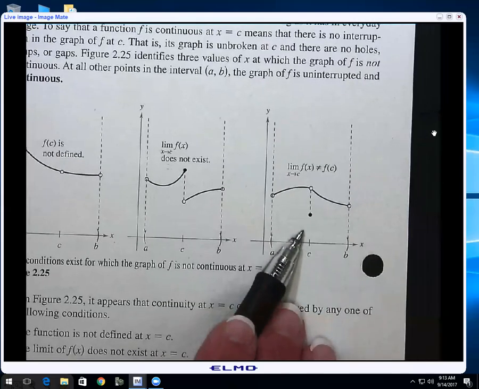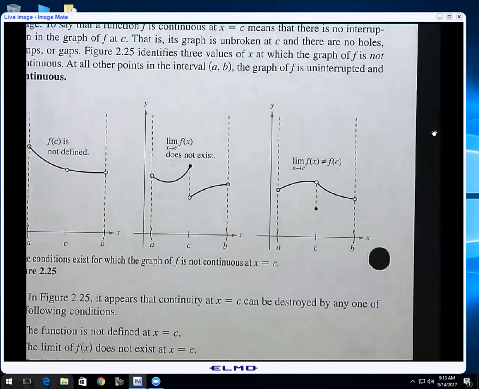And then the third illustration is discontinuous at C, but again for a different reason than the other two. The first picture wasn't continuous because the function wasn't defined at C. Second picture, the function's defined at C, but the limit is different coming at C from the left than from the right.